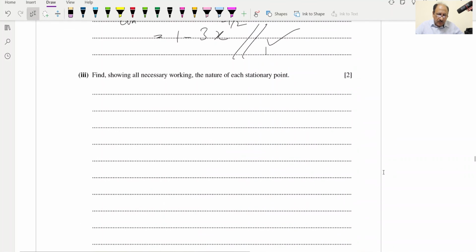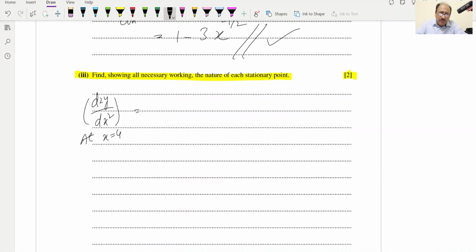This is done. Now they are saying find, showing all your working, the nature of the stationary points. We can apply the second order derivative test. We know d2y over dx squared at x is equal to 4.